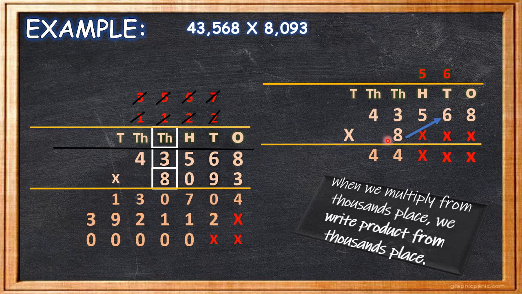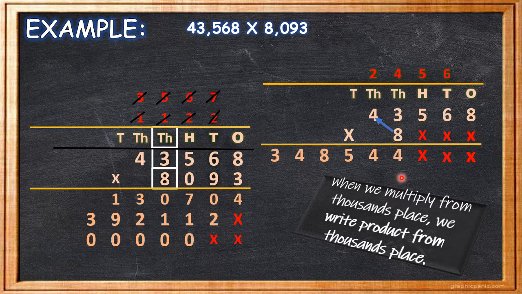Now multiply 8 into 5, that is hundreds column. So 8 5s are 40 plus 5, 45. Write 5 here and 4 carry over to thousands place. Now 3 into 8, 3 8s are 24. 24 plus 4, 28. Write 8 here and 2 carry over to 10,000s place. So 8 4s are 32, 32 plus 2, 34.